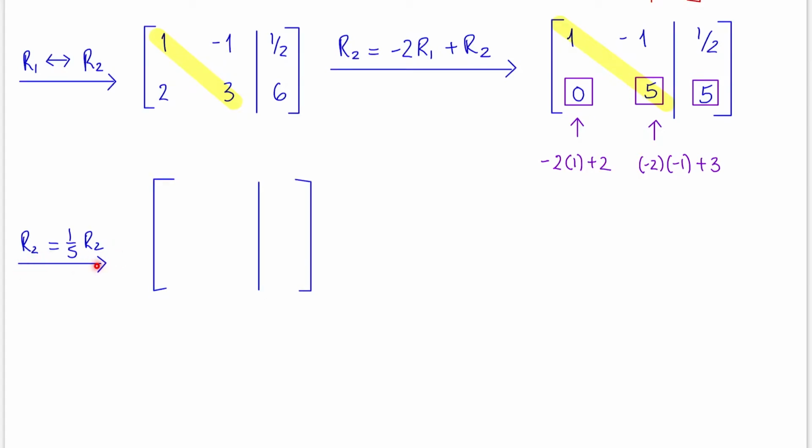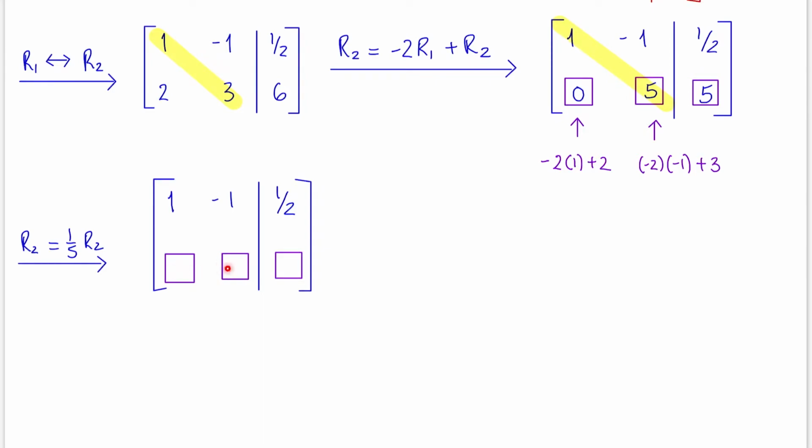Doing this process does not do anything to my row 1 because this formula only applies to row 2. So my row 1 will stay the same: 1, negative 1, 1/2. Now for my row 2, I have 3 elements as well.